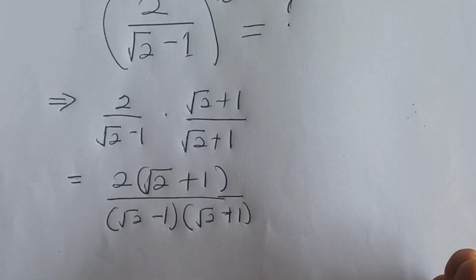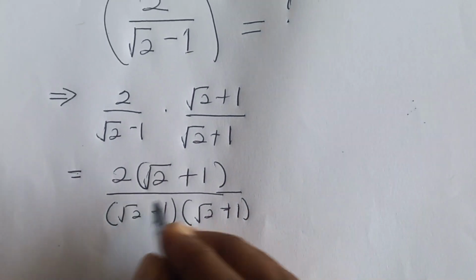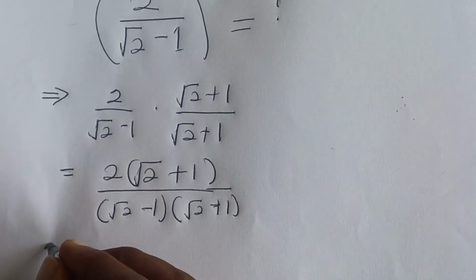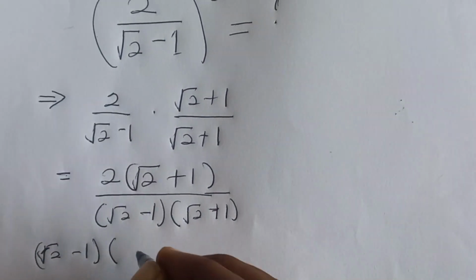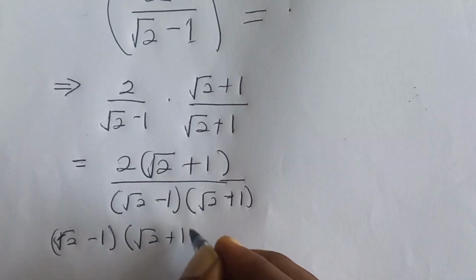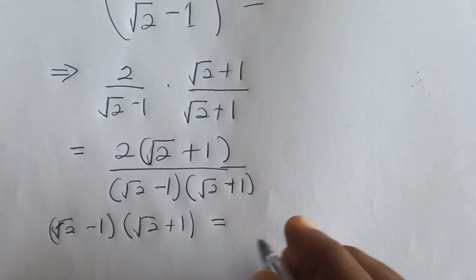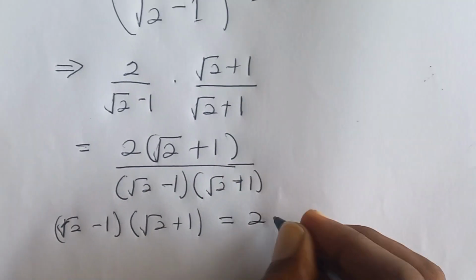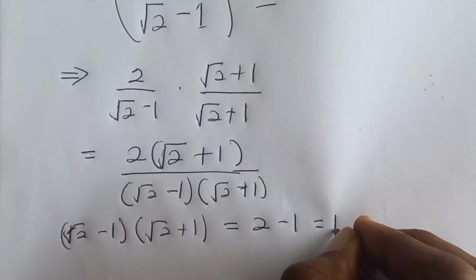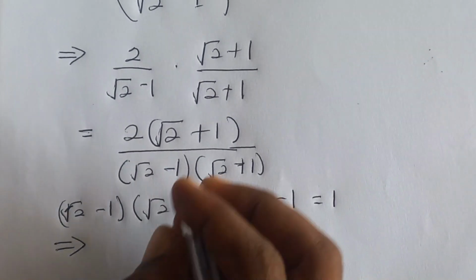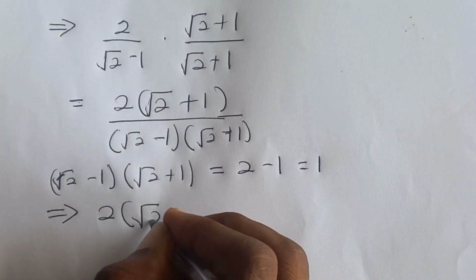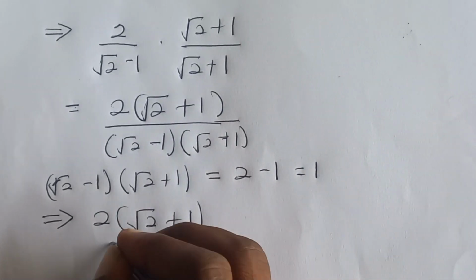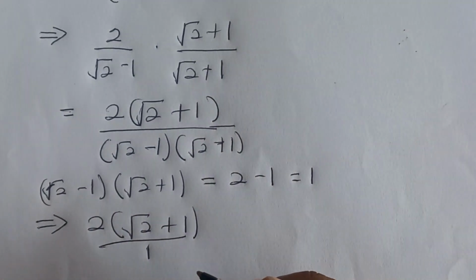So from here, let's tackle square root of 2 minus 1 and square root of 2 plus 1 first. This is going to give us 2 minus 1, which is equal to 1. So our expression now becomes 2 into bracket square root of 2 plus 1 all over 1.